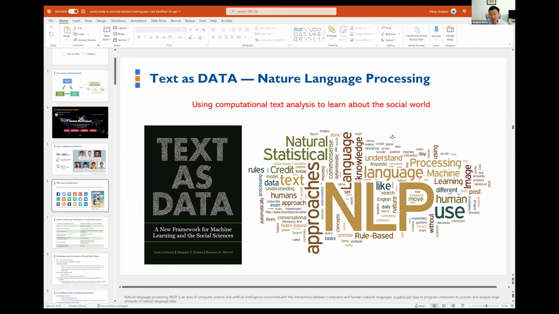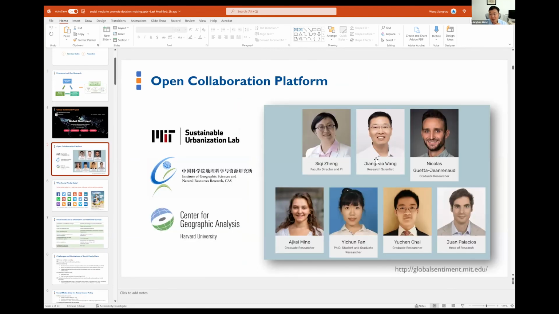I have expertise in computer science and econometrics, and our team also has scientists focused on econometrics and natural language processing. This guy is an expert on this.